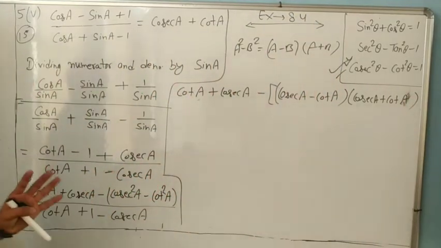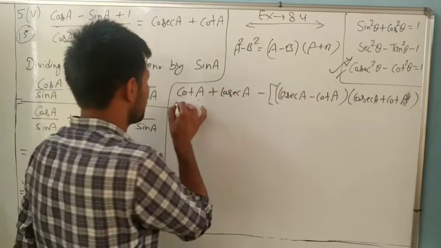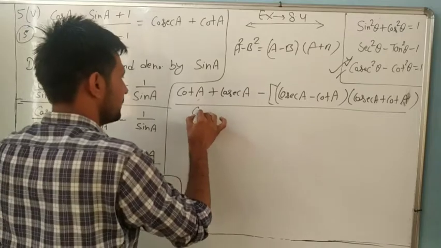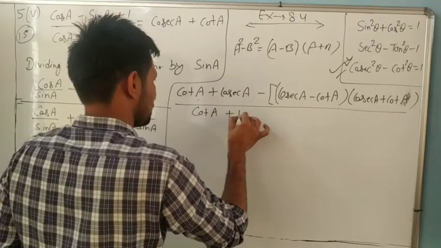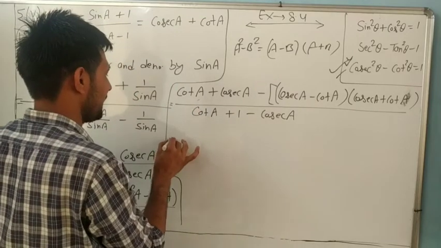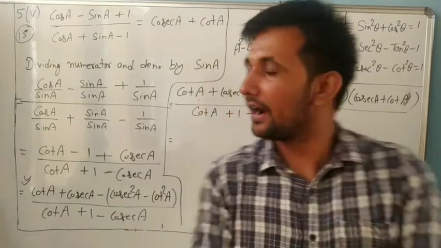Any problem? No? We only open the formula. Nothing else we have to do. Now, the denominator same as it is: cot A plus 1 minus cosecant. Now, dear, you have to identify. Look at, is there any common term? Identify.